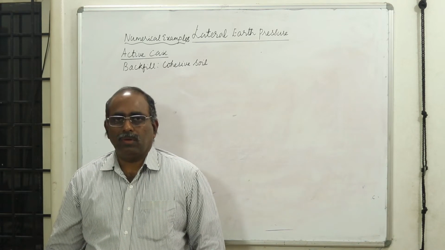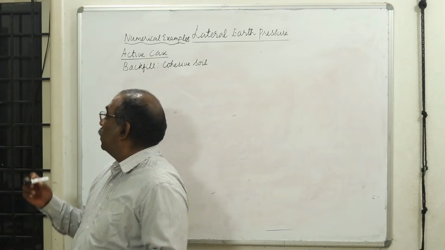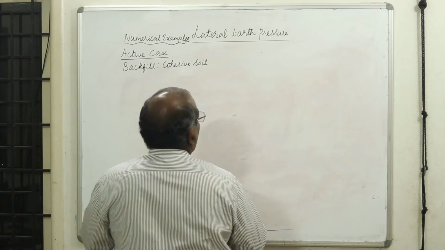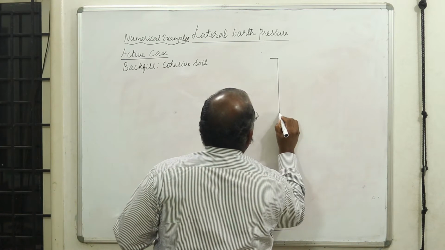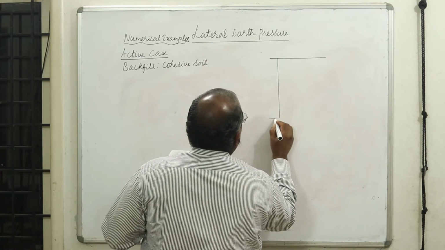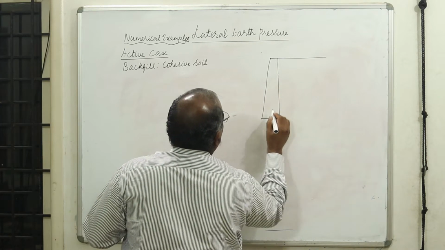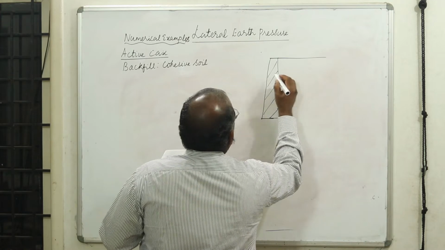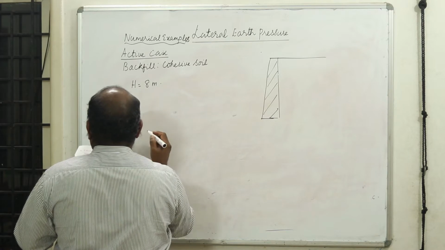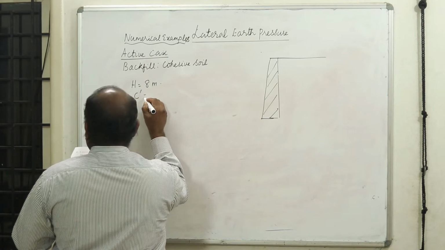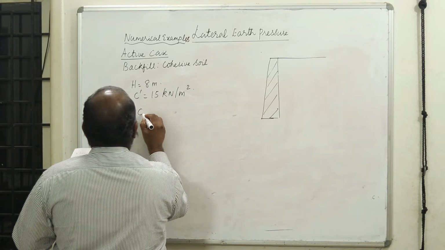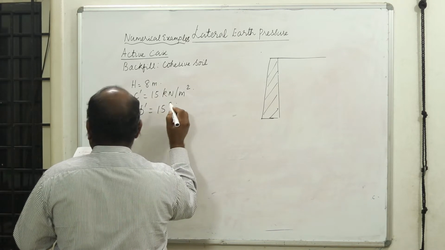Students, now let us work out numerical examples on the active case where the backfill is cohesive. Let us take a case with an 8 meter high retaining structure. It retains a clay backfill with C or C dash equal to 15 kilonewton per meter square, and phi dash equal to 15 degrees.